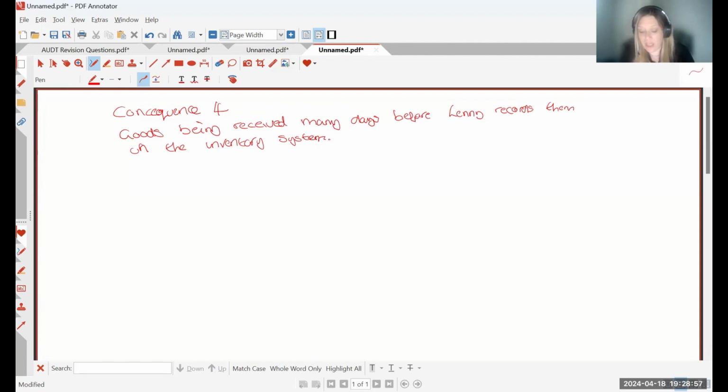Okay? So goods being received many days before Lenny records them on the inventory system. So the inventory system therefore will be out of date. Inventory records will not be up to date.